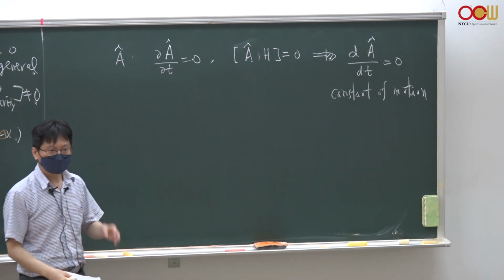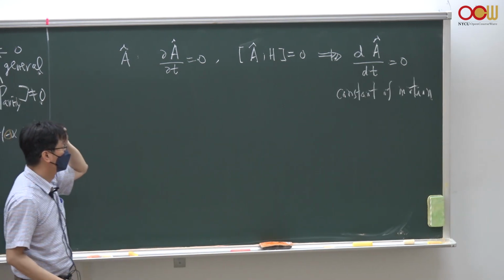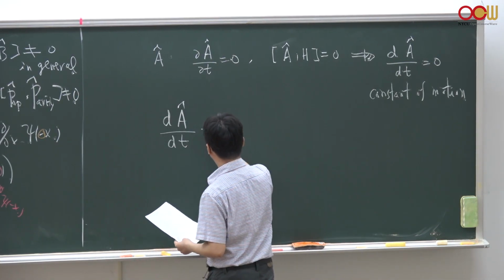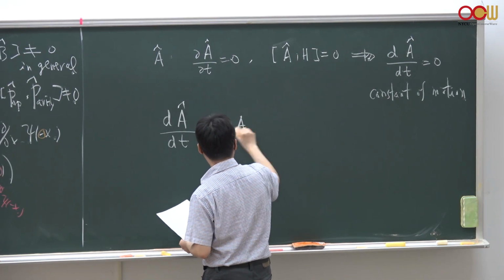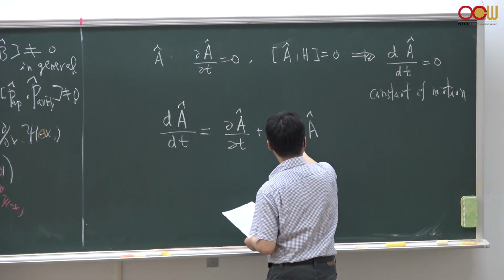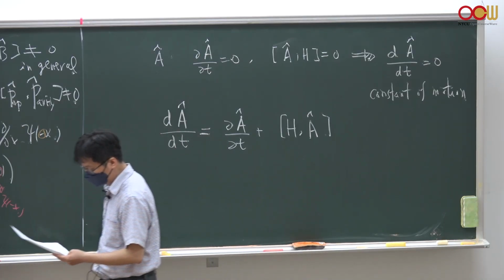Meaning the operator A doesn't evolve in time, because the total time derivative of a quantum mechanical operator could be decomposed in terms of the partial time derivative plus this commutator between H and A.